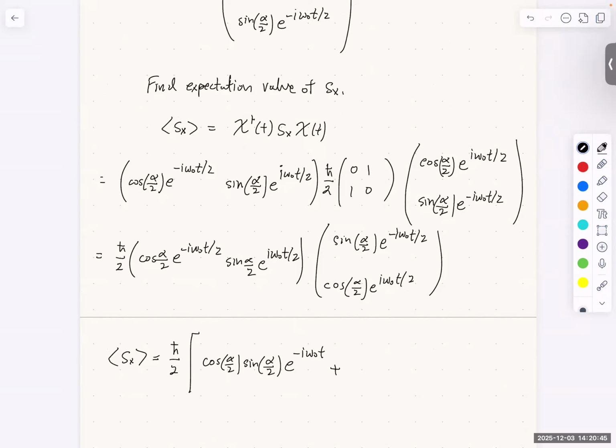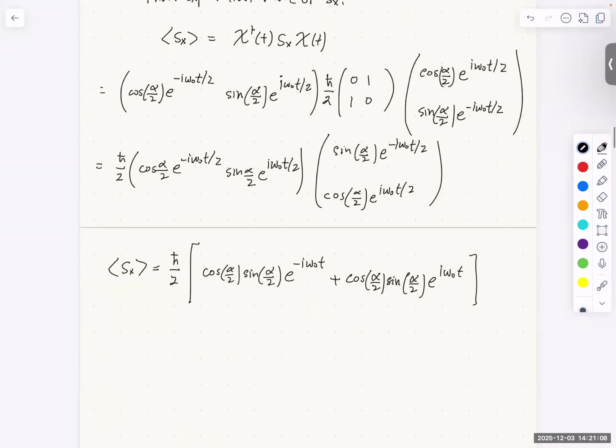Again, we're going to get cos times sine, and the exponentials are again going to combine. It's just, instead of e to the minus i whatever, we have e to the plus i. So we get cos alpha by 2 sine alpha by 2 e to the plus i omega naught t.